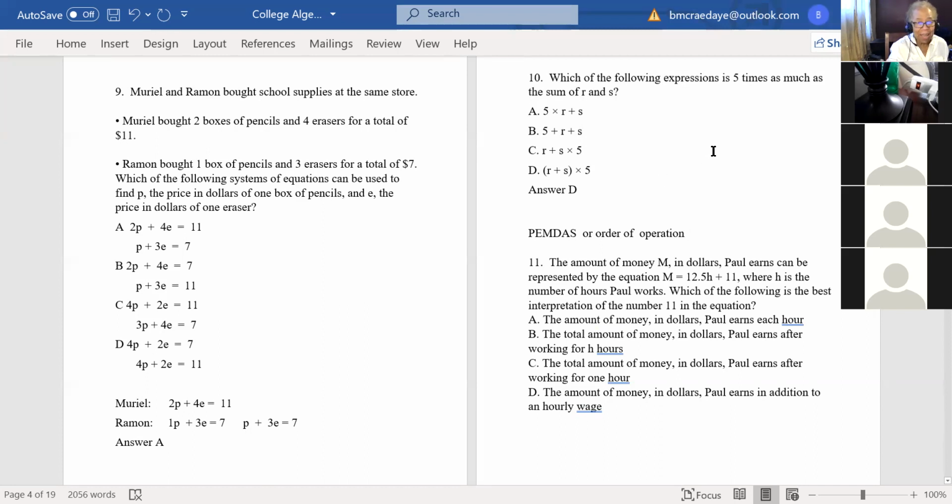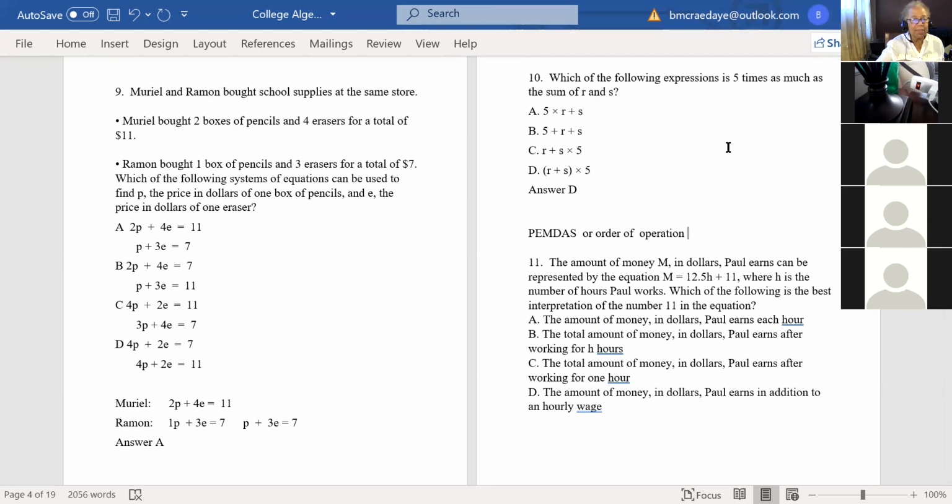Questions on number 10? That was the test of your order of operation. Make sure you know how to do it.